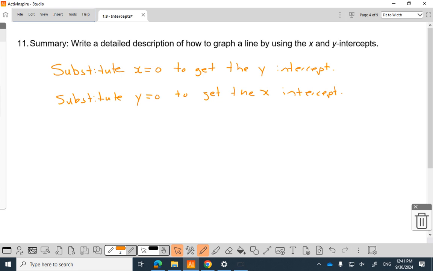I'll take a second to get that down, and I'll do 4 examples that are basically identical to your homework. Identical.